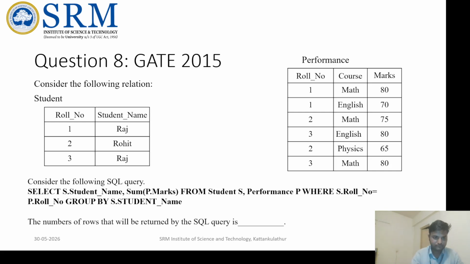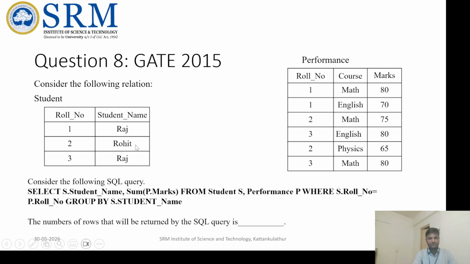Now, this group by statement is associated with the sum, and the neighboring attribute of the sum is s.student_name, which is in the result. So basically, the query asks that for each distinct student we get the sum of their marks.